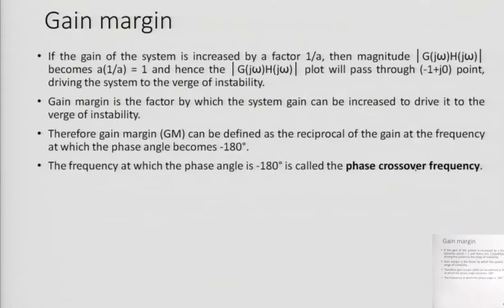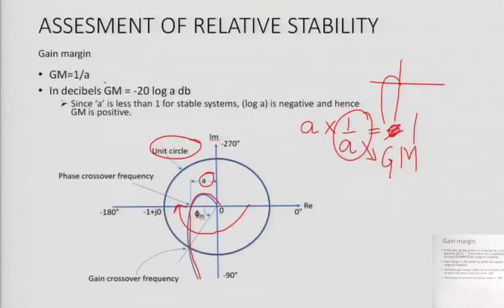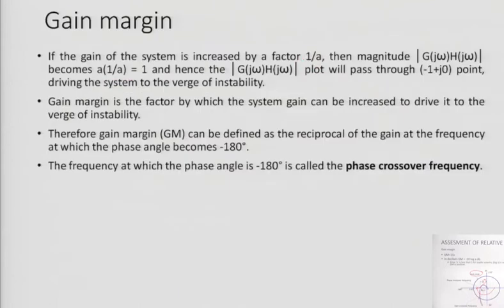If the gain of a system is increased by a factor 1/A, then the magnitude of G(jω)H(jω) becomes 1, since A times 1/A is 1. And A is the magnitude of G(jω)H(jω) when the phase angle is minus 180 degrees.